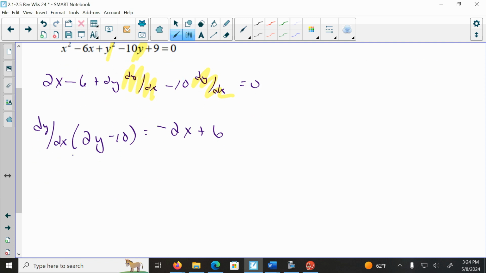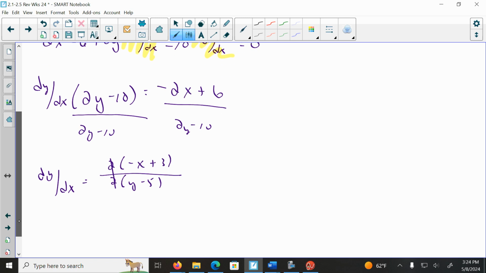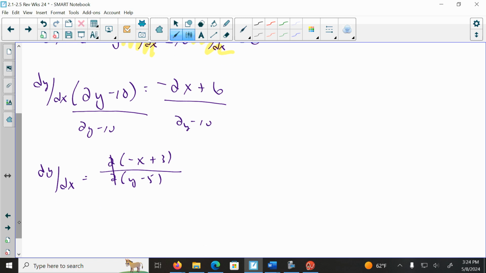So I'm going to divide by 2y minus 10. So dy dx is equal to, and I'll factor out 2 times negative x plus 3 over 2 times y minus 5. The 2's will simplify, so I'm left with negative x plus 3 over y minus 5.